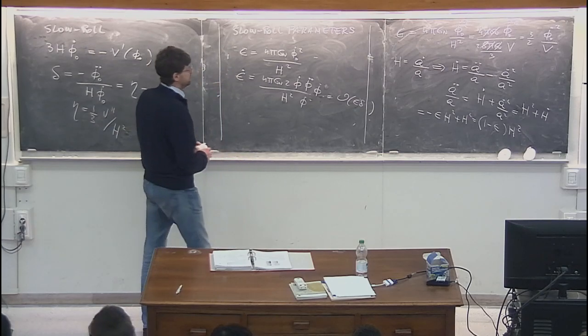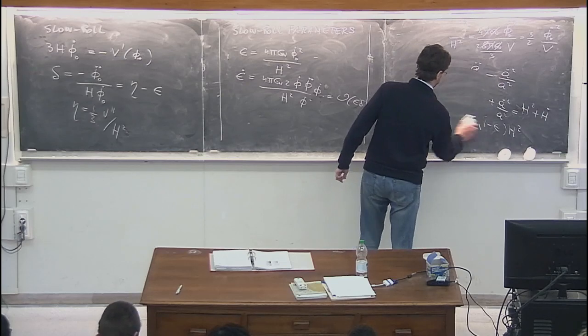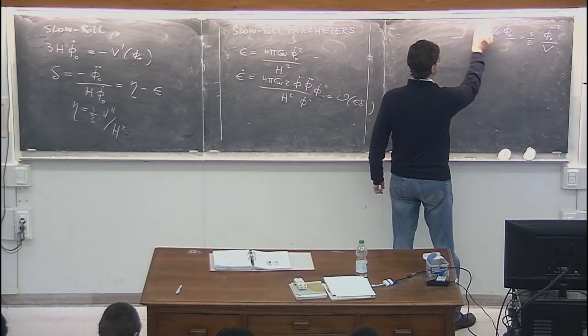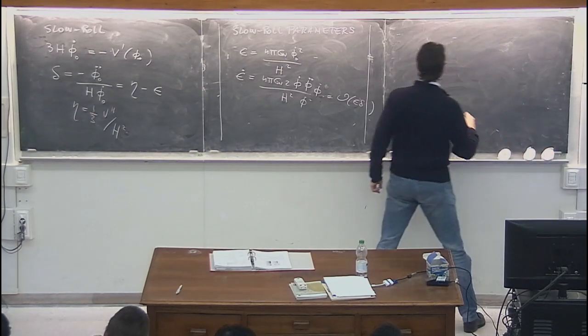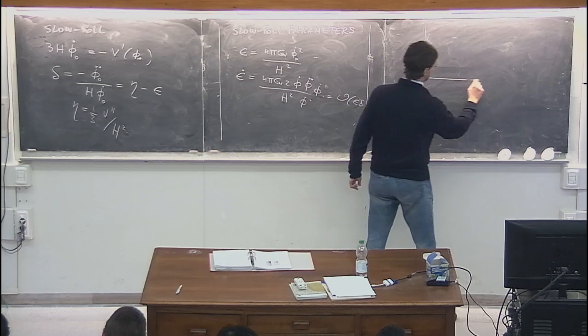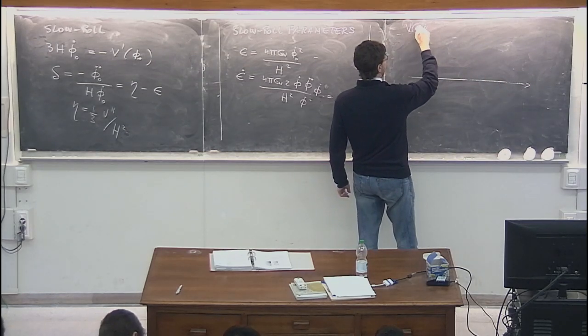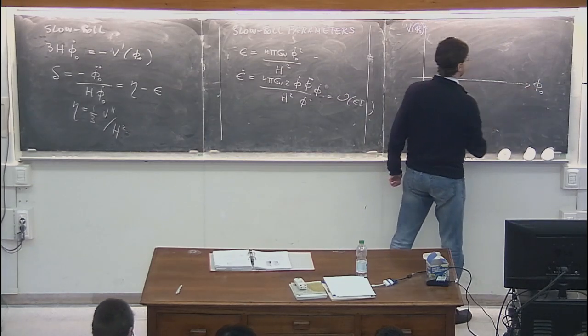All right, so let me just draw a simple figure, just to get the idea. So we have a potential V of phi 0. Here I'm plotting with respect to phi 0.